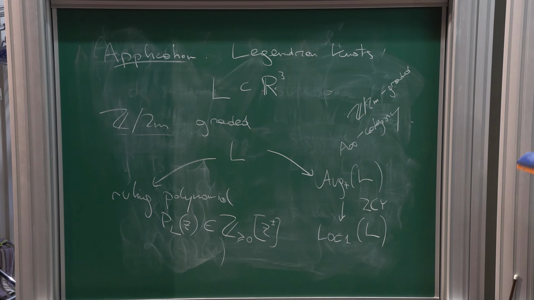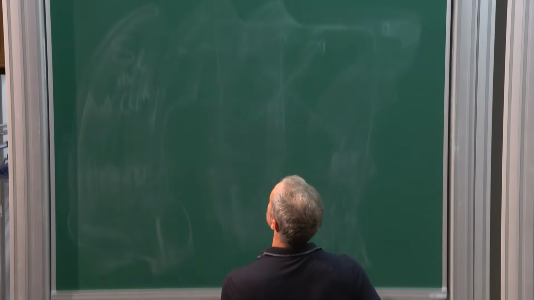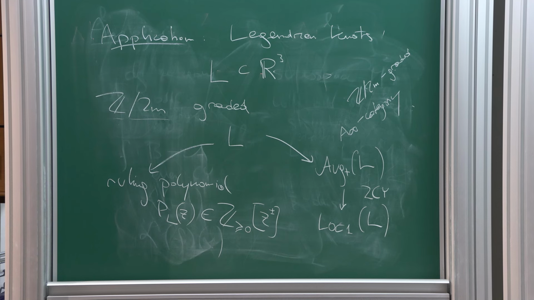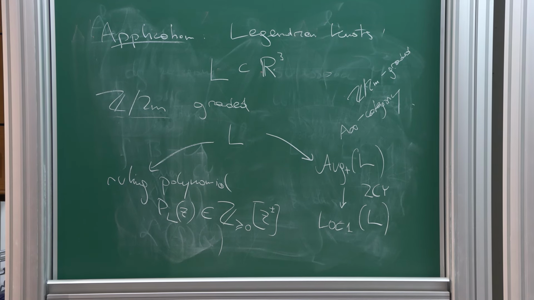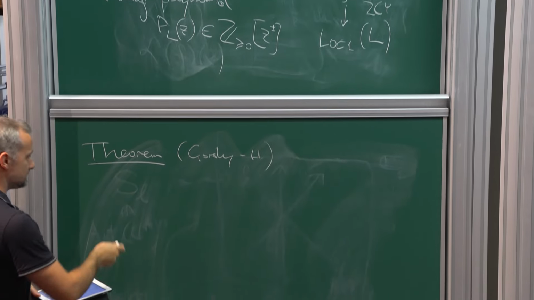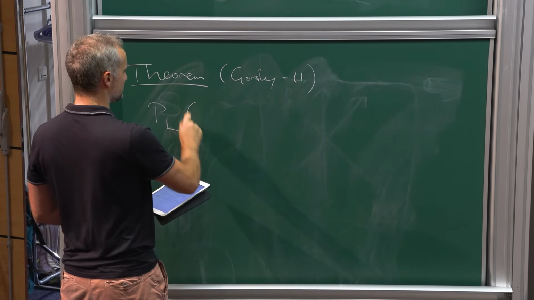The way you generalize these polynomials is to view them as elements in some module. So the theorem we prove is that you take this Z mod 2m graded ruling polynomial.